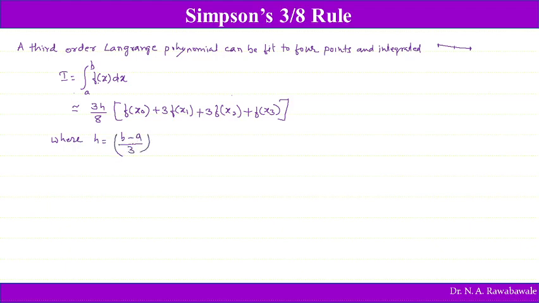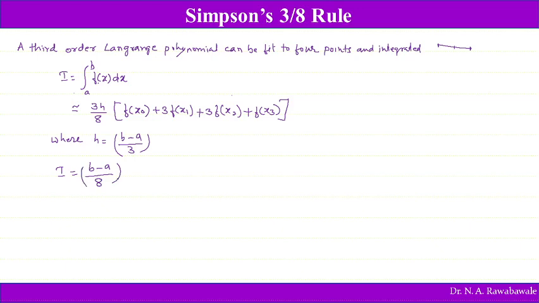So on substitution of h is equal to b minus a divided by 3, integral I becomes 3 gets cancelled, h by 8, h means b minus a divided by 3. So this 3 gets cancelled with the 3 in the numerator, and in the denominator we are going to have only 8.